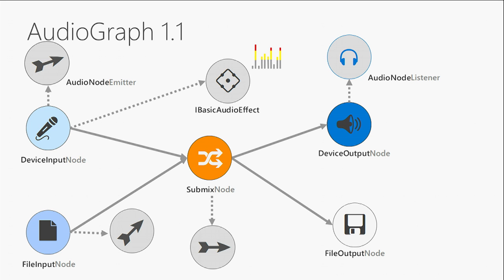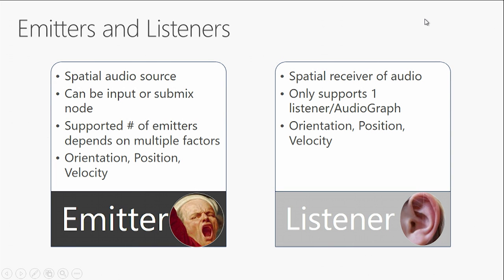In the 1.1 API that is available at Build today, we added audio node emitters and we added a listener. Emitters really make sure that you can position sound at a point in space. So an emitter really determines where the sound is coming from. An emitter can be an input node or a submix node.